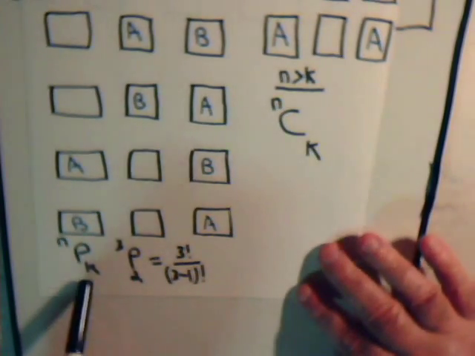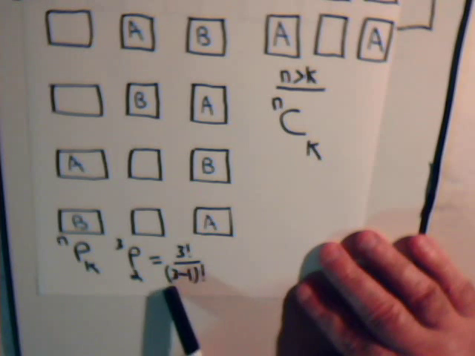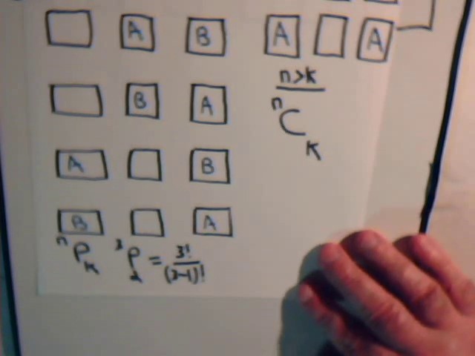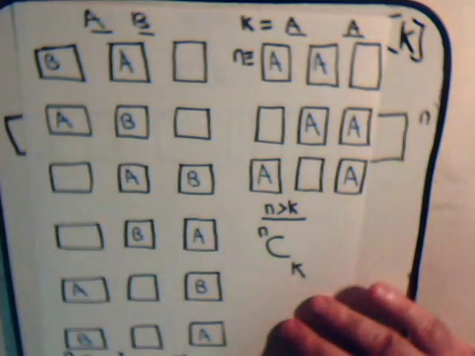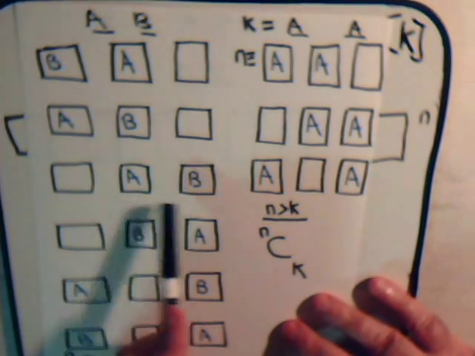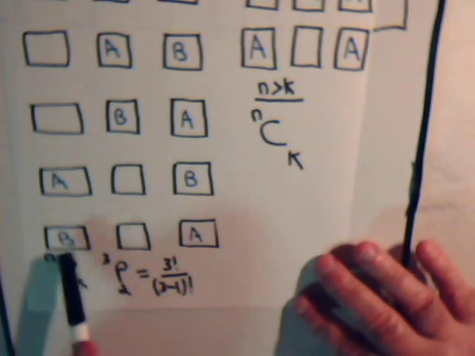It's P n k, or P 3 2, which is 3 factorial over 1 factorial, which is 6. And here are the 6 different ways it can be done. We have BA, AB, or we could have AB or BA, and AB and BA.